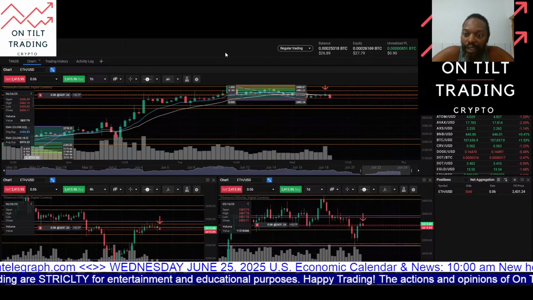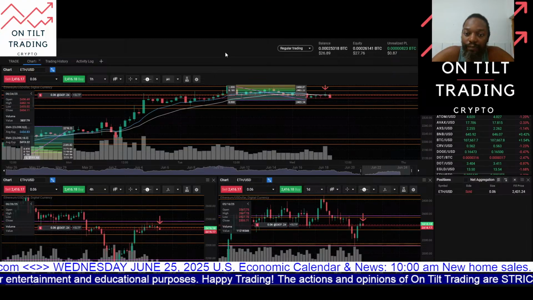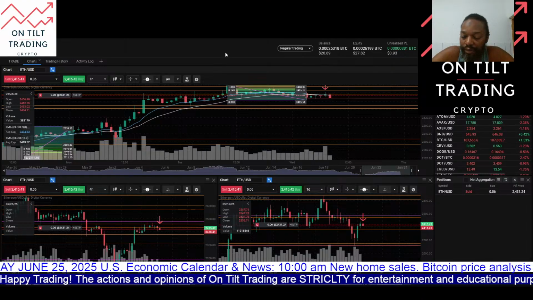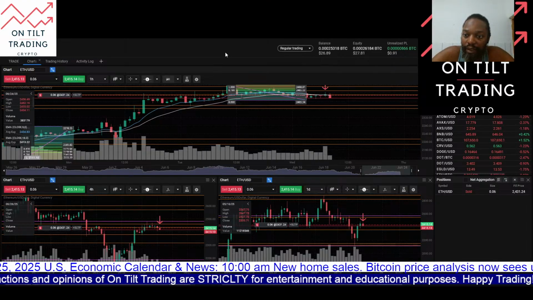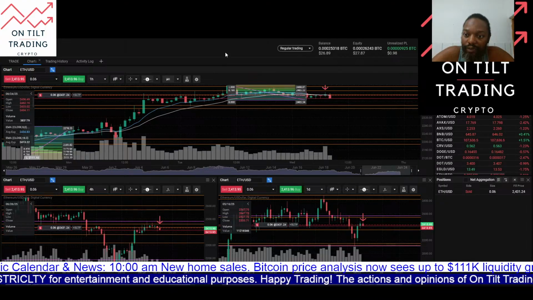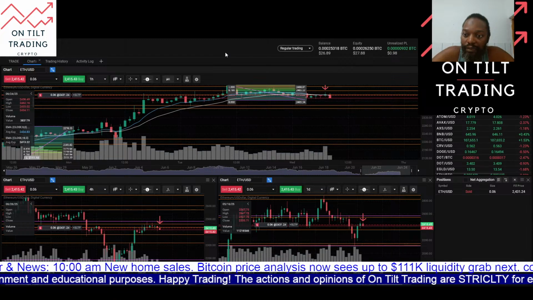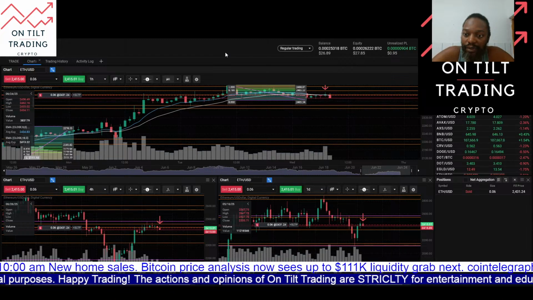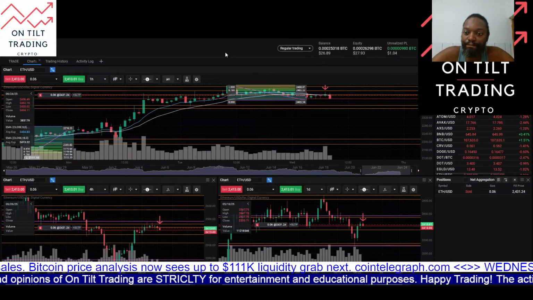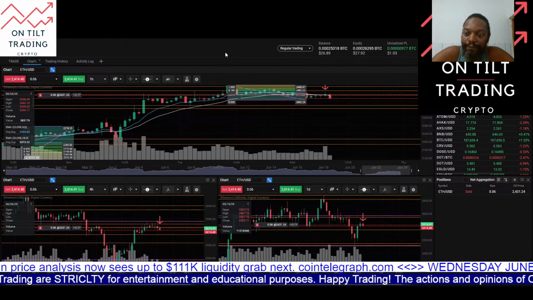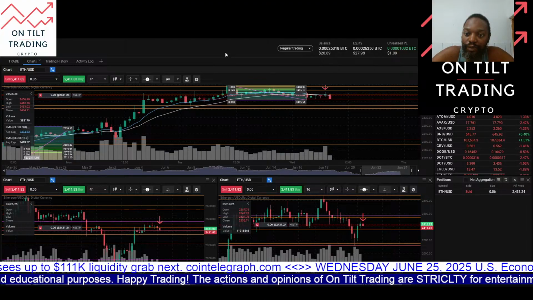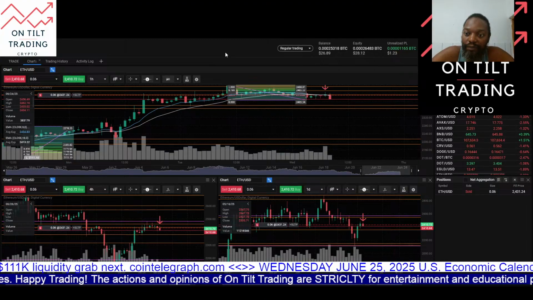And getting some consolidation here as price overall is being delivered to the sell side. Price consolidating here around the 24.14 and 24.15 levels. 24.13 consolidating. 24.12, 24.11.